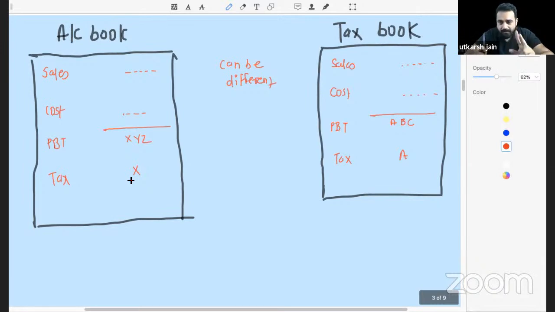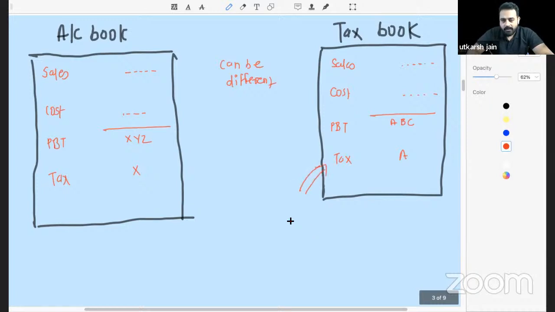The tax that I actually pay, will I pay that as per the taxation book or as per the accounts book? What do you think? The income tax, guys, when the IRS guys call me, will they be worried about the taxation laws or will they be worried about accounting? Obviously, the tax that I'm supposed to pay is going to be here, right?